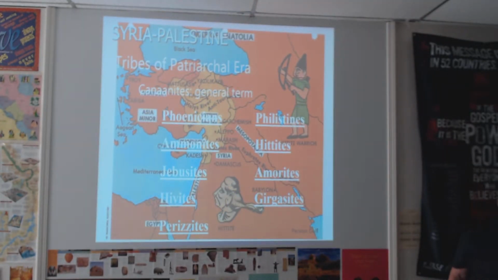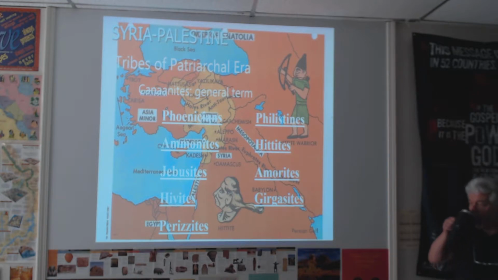Okay, so now we come to the tribes of the patriarchal area. A lot of that was before Abraham came into the land, and these are some of the peoples that lived there from Abraham on. Now, the general term for people that lived in the land of Canaan, surprise, surprise, was Canaanites. But Canaanites isn't a specific description necessarily of people.